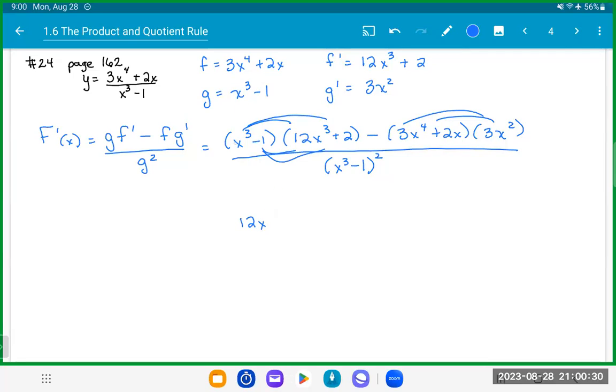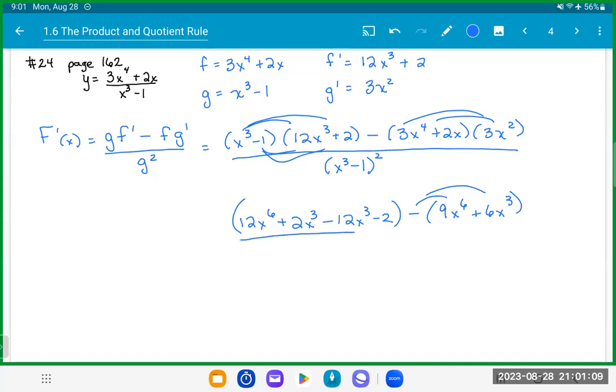X cubed times x cubed is x to the 6, plus 2x cubed, minus 12x cubed, minus 2. That's the first part. The second one, we're subtracting 3x squared times 3x to the 4, which gives me 9x to the 6 plus 6x cubed. We have to distribute that negative to each of those terms as well.